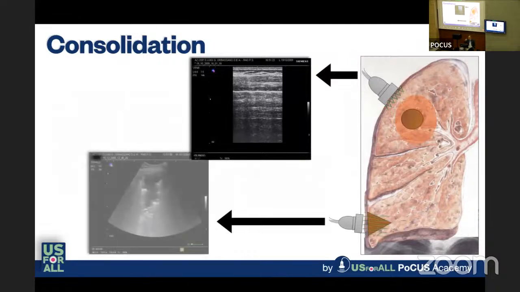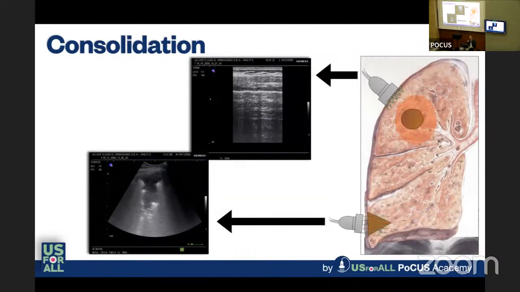There is one important limitation that you must understand. We can only observe by ultrasound the consolidations touching the lung periphery, so the pleura. If we have even a small amount of normally aerated tissue between the probe and the consolidation, we will miss it and have a false negative image.